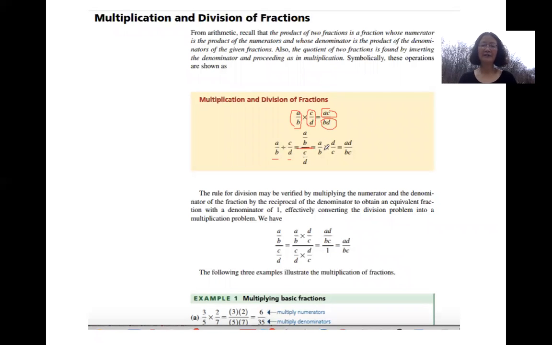Then you flip the second fraction: instead of C over D, you say D over C, and change to a multiplication sign. This becomes a multiplication of two fractions, so numerator multiplied by numerator, denominator multiplied by denominator.